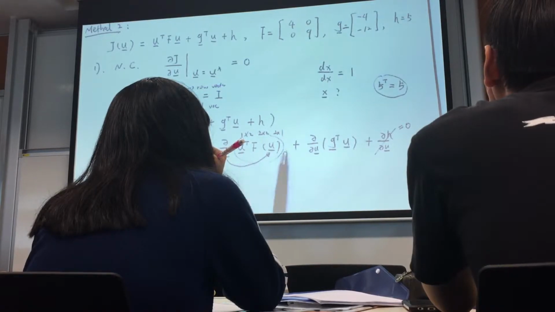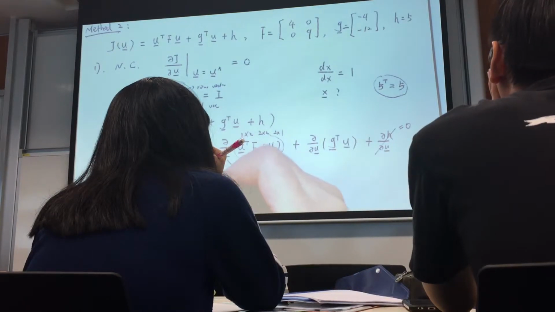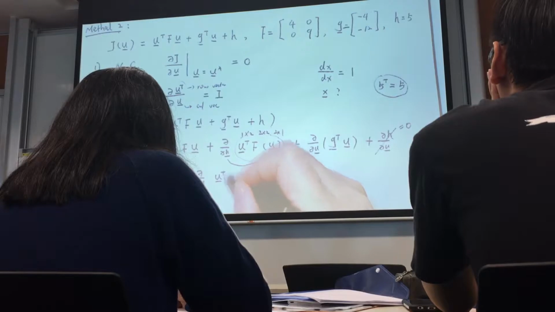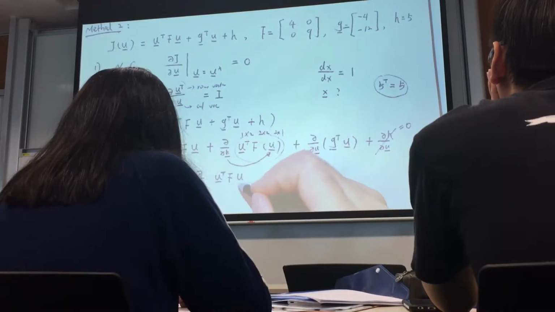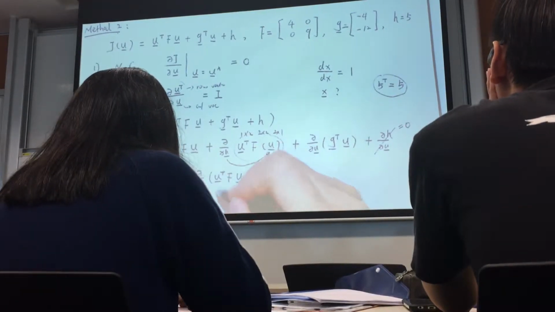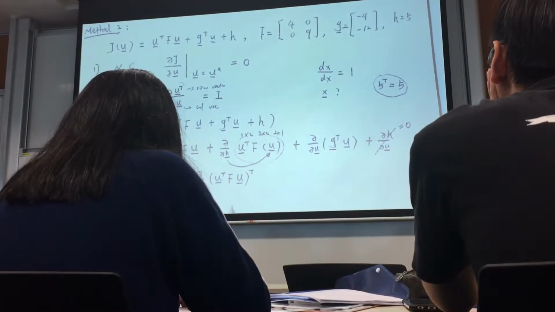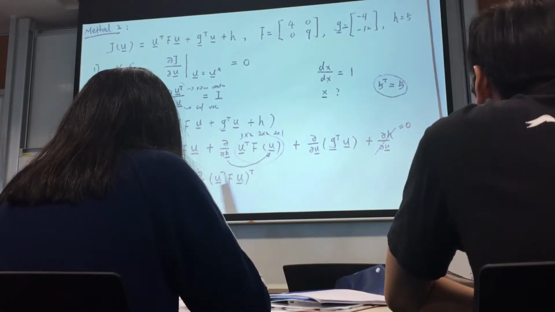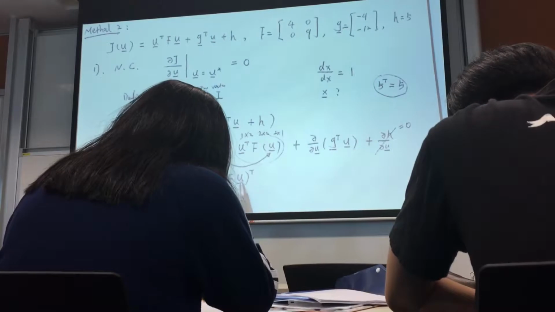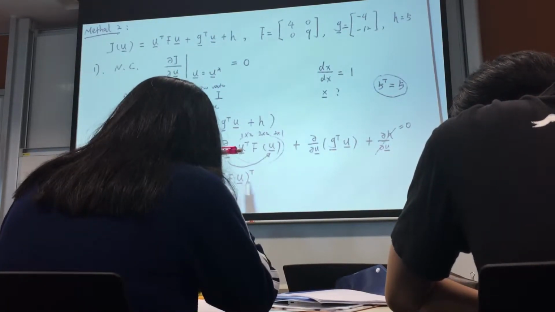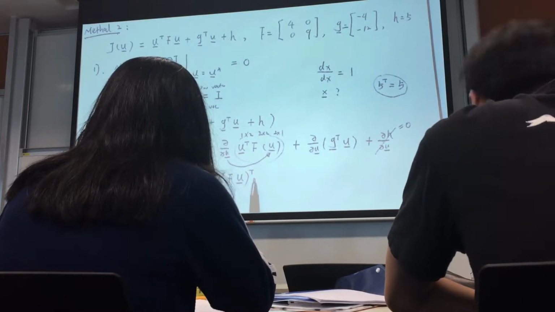So we use this idea and apply it to this product, u transpose F u, by applying a transpose to it. The reason is that once we apply the transpose to this product, the u transpose will become the first one, because we change the order of the product.